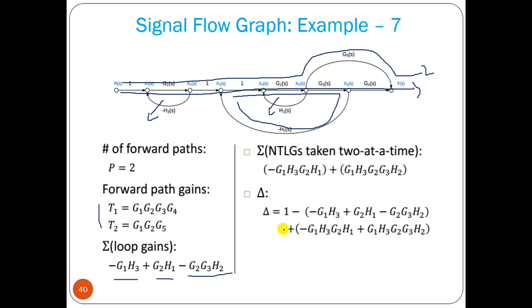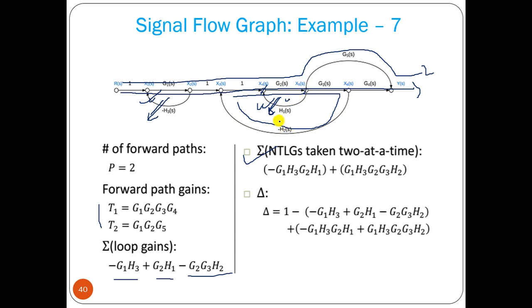So delta. Now we have to look for non-touching loop gain. Now what we can see, this L1 loop and L2 loop, these two loops are non-touching to each other. This is here and this is here, they are not touching with each other, but this loop and this bigger loop are touching because these two nodes are common.